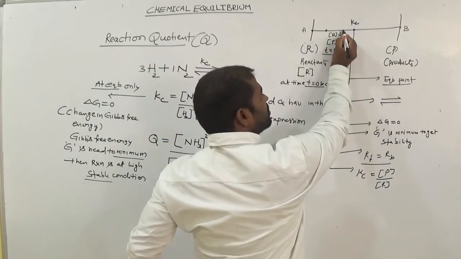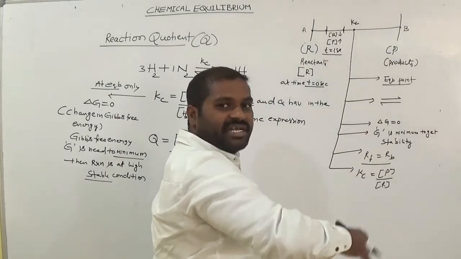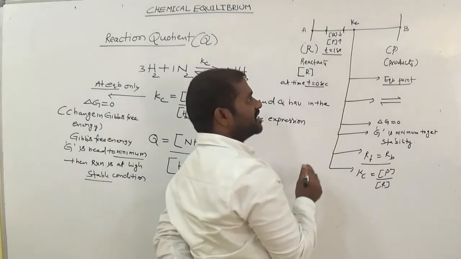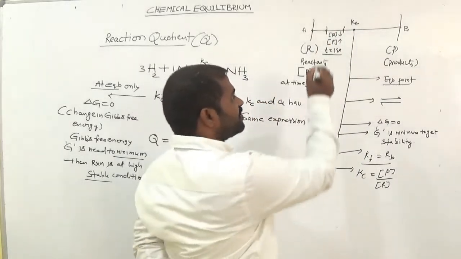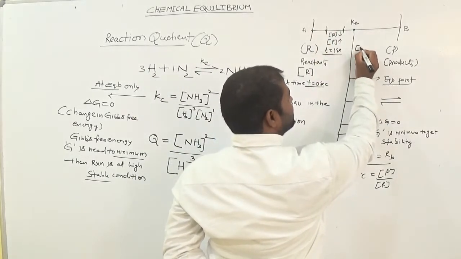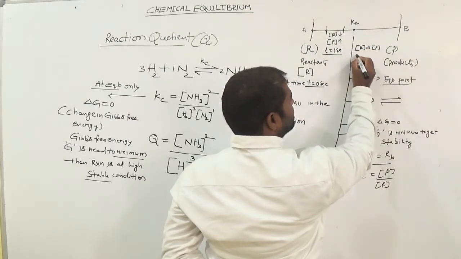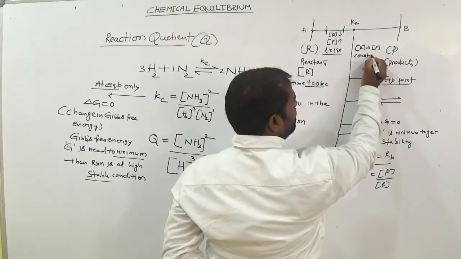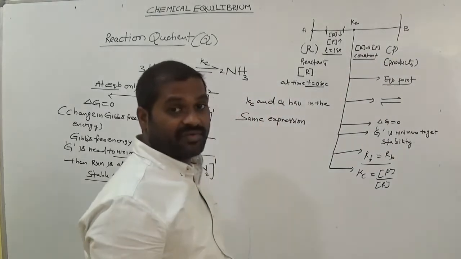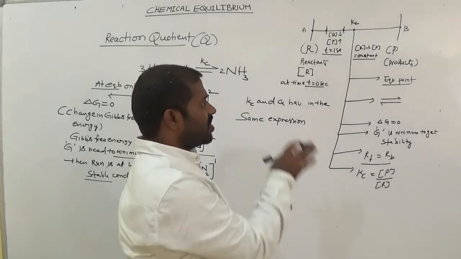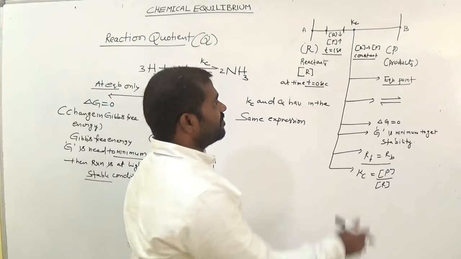At this point is also the same. Reactants concentration decreases, product concentration increases. So at this point what happened? At this point reactants concentration and product concentration are constant, no change, not equal, no change, remember it, constant at this point. That point is called the equilibrium point.